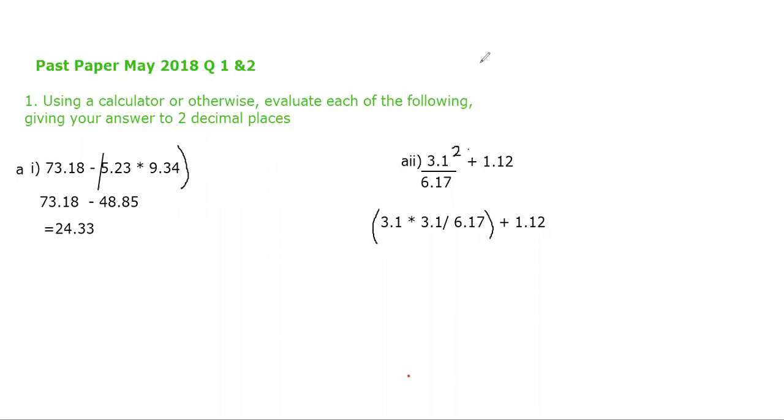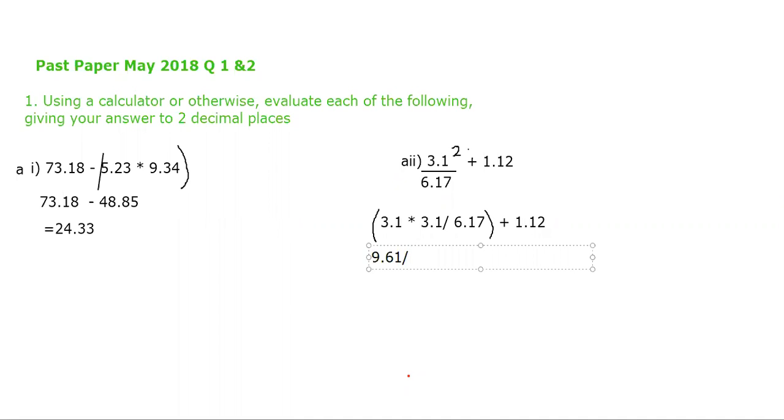Now what I am going to do is that I am going to square the 3.1 first and then divide it by the 6.17. Now when I square the 3.1, I get 9.61, right?